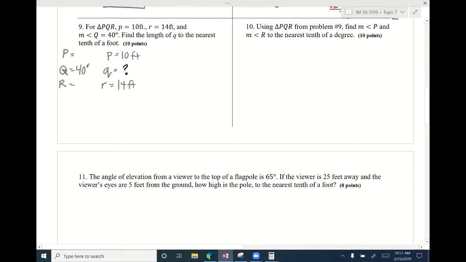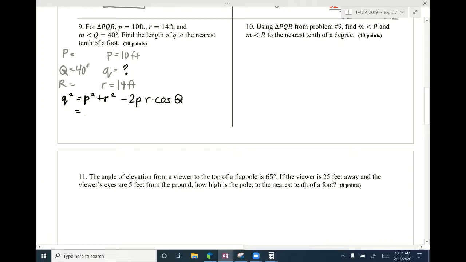Okay, so let's write out what the equation would be. So it would be Q squared equals P squared plus R squared minus 2 times P times R times cosine of Q. And so let's plug those values in.